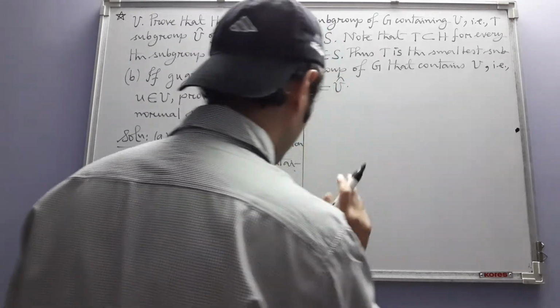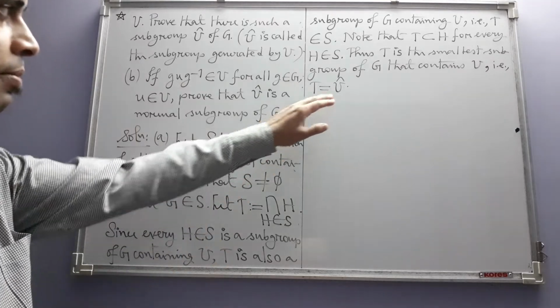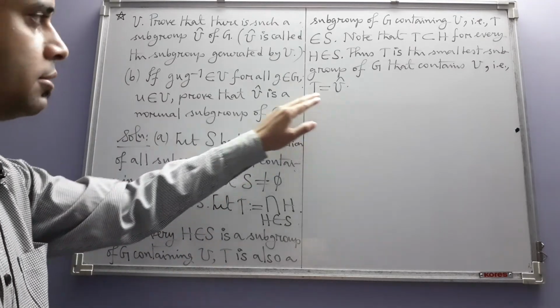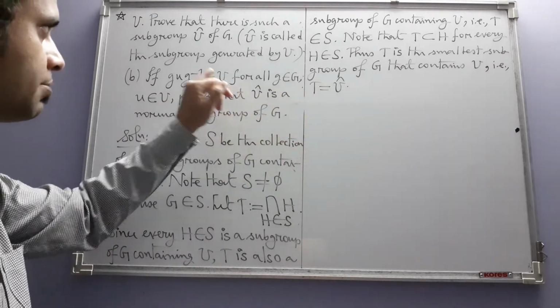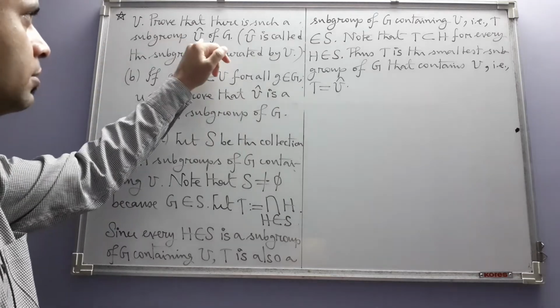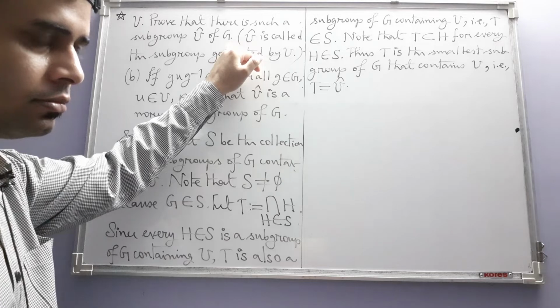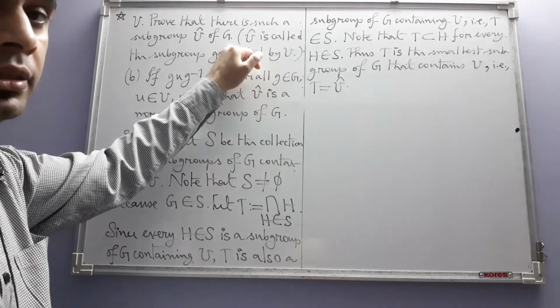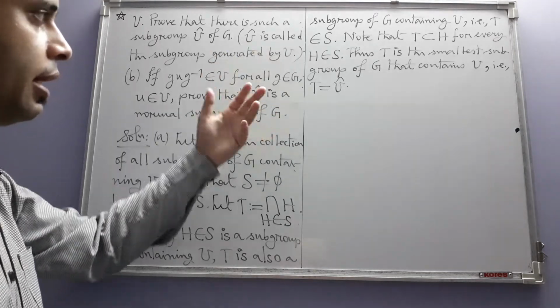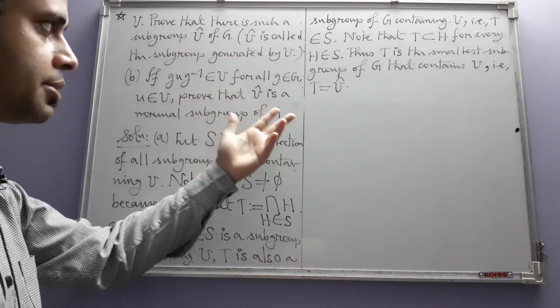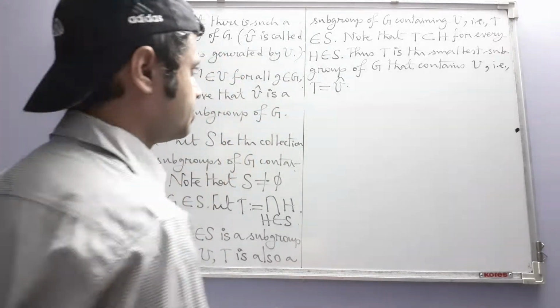Now, for that we have to consider two cases. One in which the subset U is actually the empty set, and the other is that the subset U is non-empty.